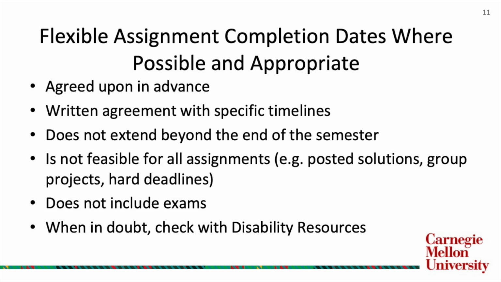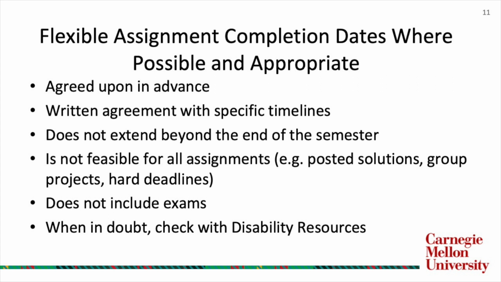I know that sounds like a pain, but trust me, it benefits you and the student because when a verbal agreement happens and then later you and the student have different memories about what was agreed to, there's nothing to refer to. Or if the written agreement is vague, it just says something like, let me know if you need flexibility on a date.